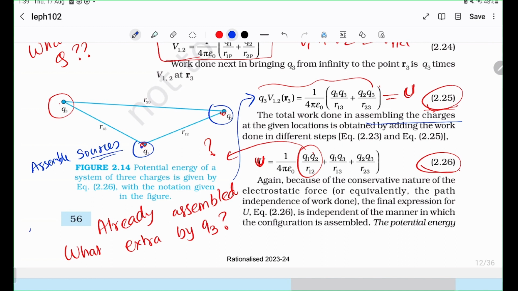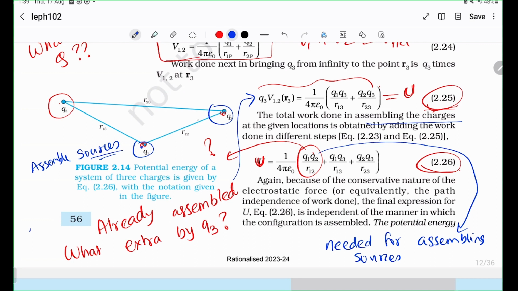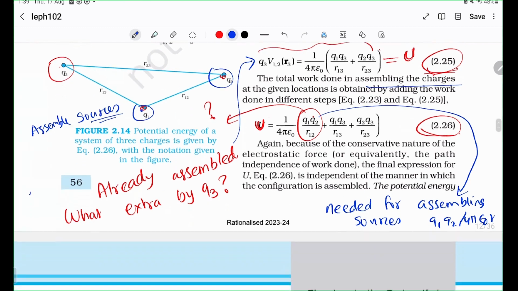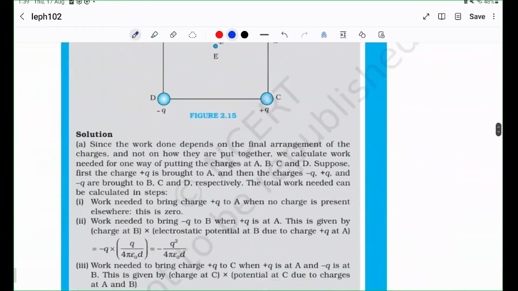So this extra energy is needed for assembling the sources, because the sources themselves are going to repel each other, right? They are both positive charges, so they're going to repel each other with this much potential energy, right? So that is the thing.